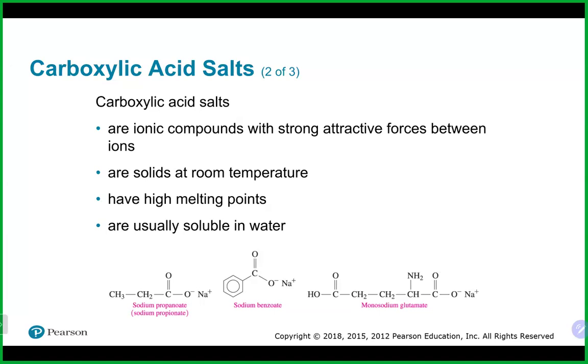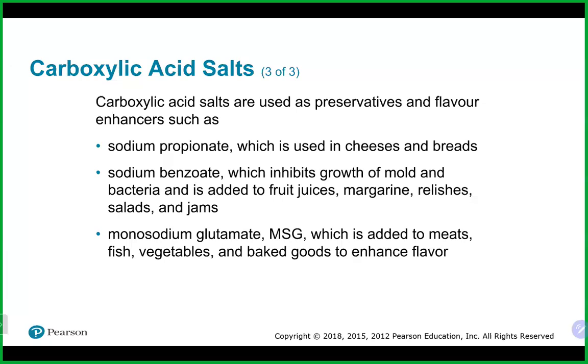When that sodium benzoate, for example, goes into water, it's going to break apart. That sodium is going to float away, and the other guy is going to float away. And the same thing with all these guys here. A little MSG over here, a little monosodium glutamate. Same idea, it's going to break apart into the positive ion and the negative ion.